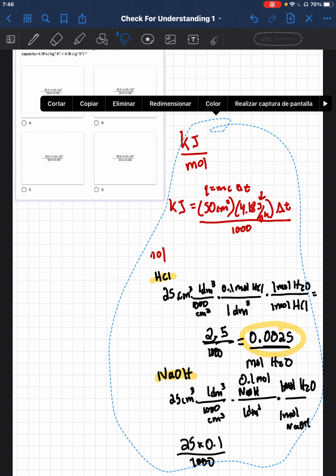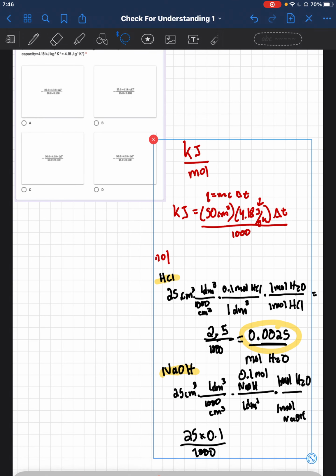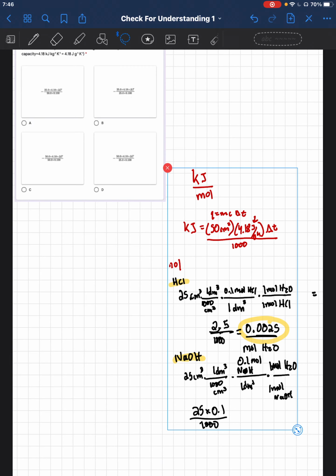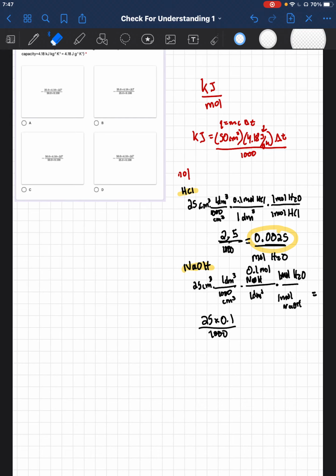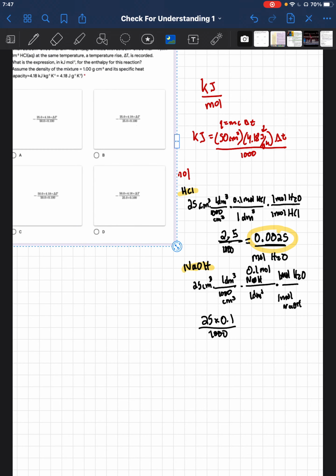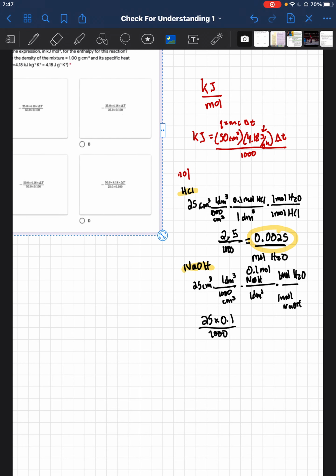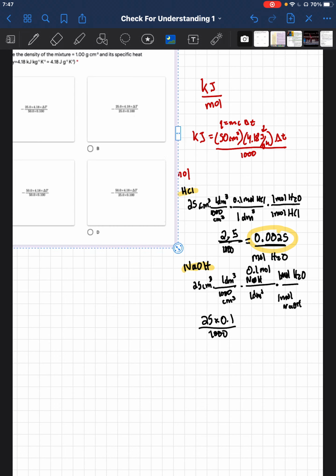I've now found the kilojoules of energy from the reaction. I've also found the moles of water produced, which is what we use for molar enthalpy for neutralization reactions. And now I just need to deal with which math is correct.